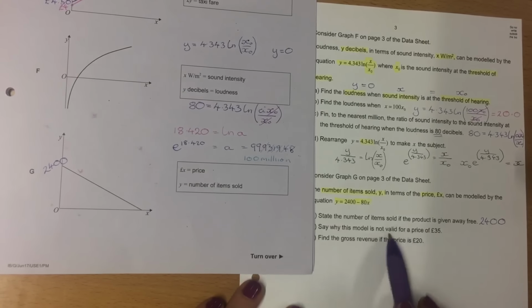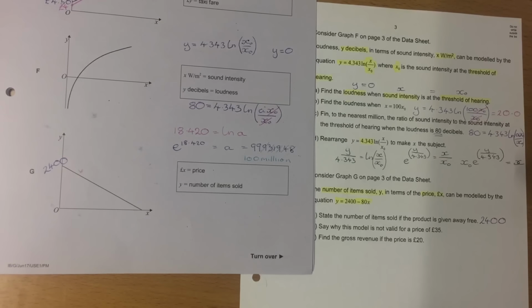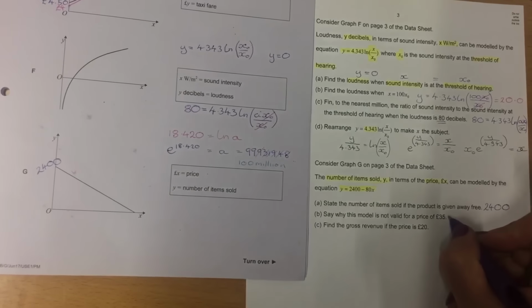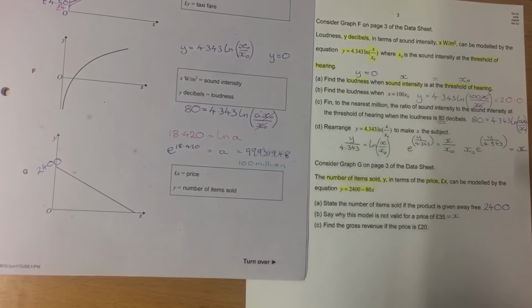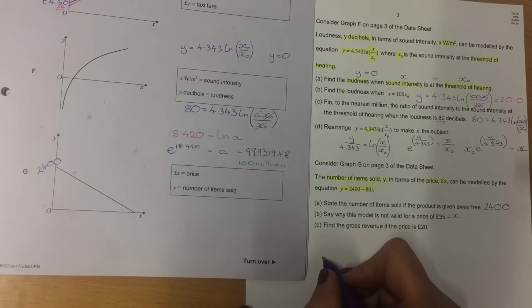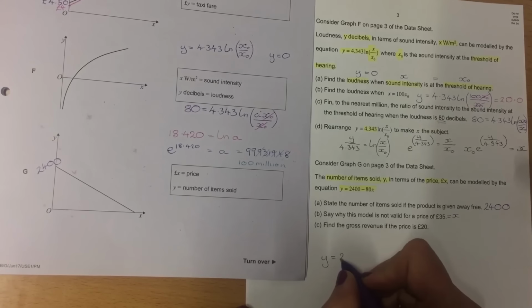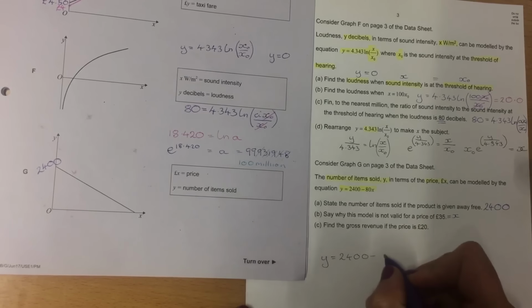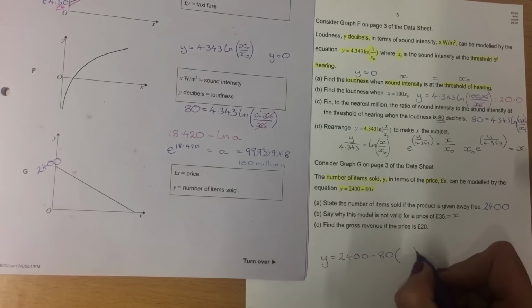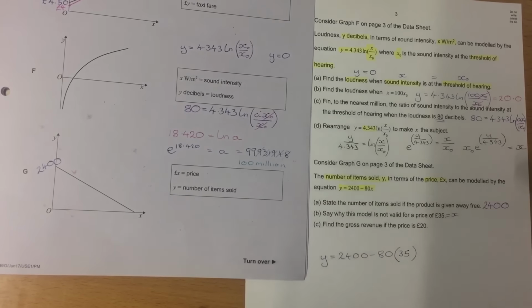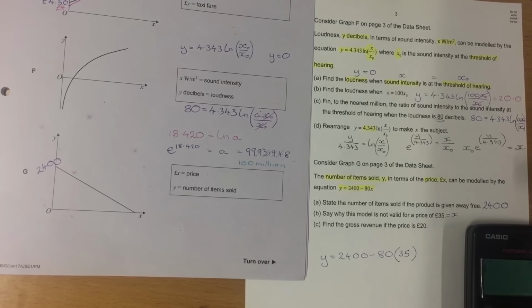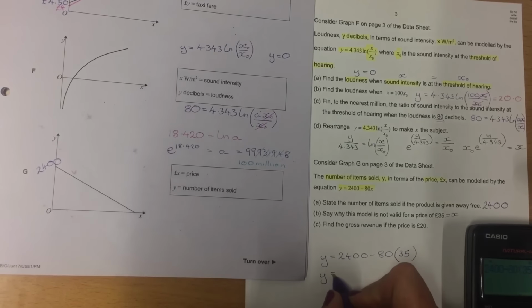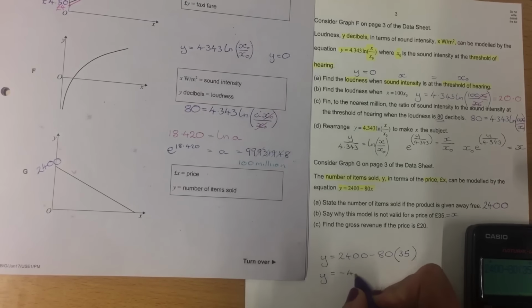Why is the model not valid for a price of £35? So that is going to be our value of x. We would end up with y equals 2400 minus 80, and then when we substitute in, stick it in brackets so our calculator can cope better. We've got 2400 minus 80 brackets 35, and that comes out at y equals minus 400.